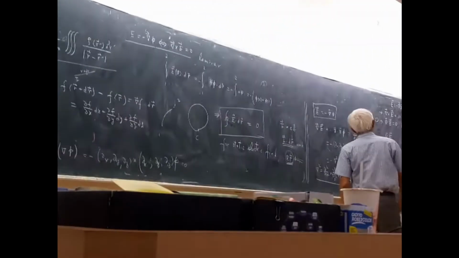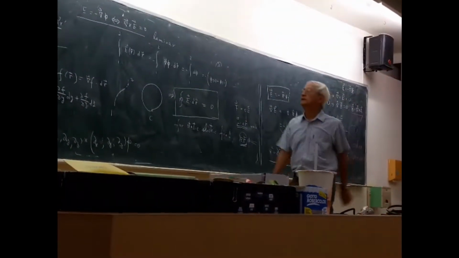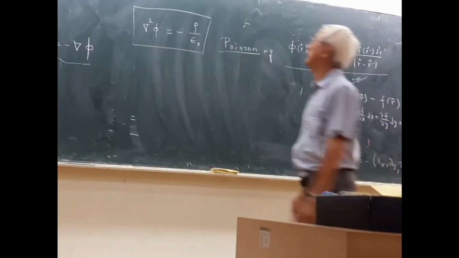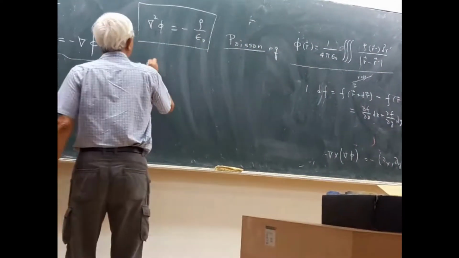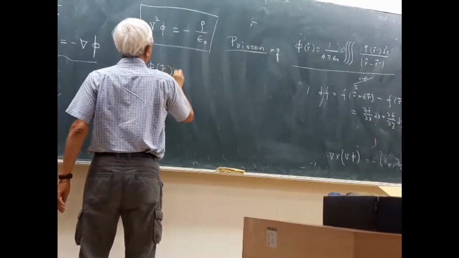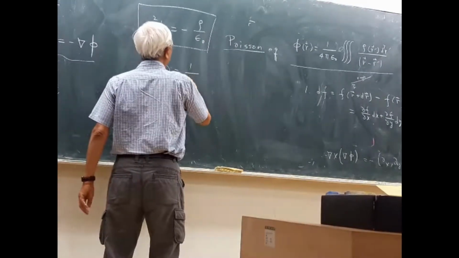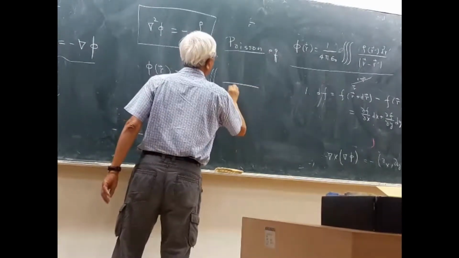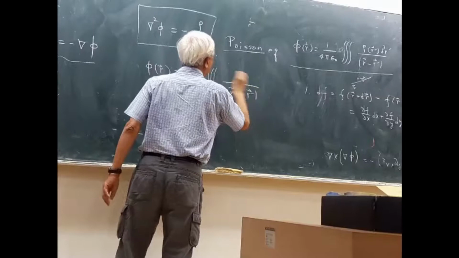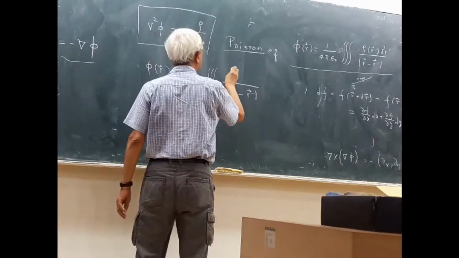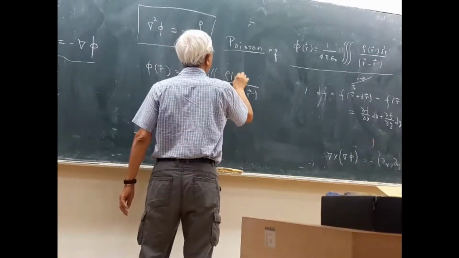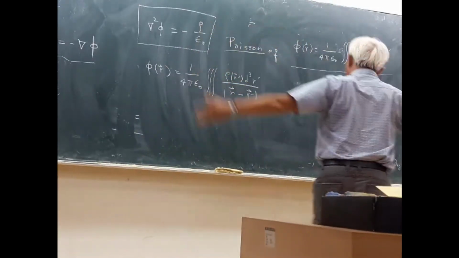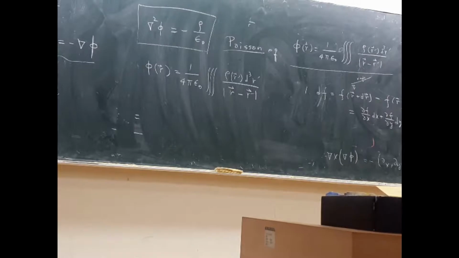Can we derive that in another way? Yes. The point is from phi equal to 1 over 4 pi epsilon naught times the integration of the charge density rho.